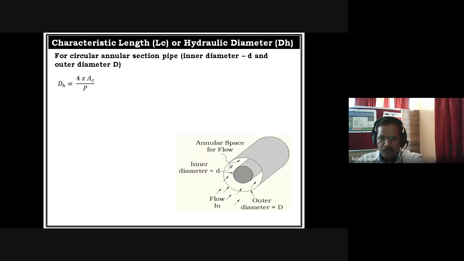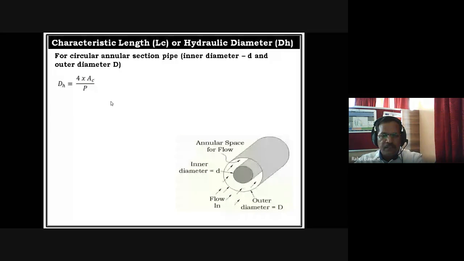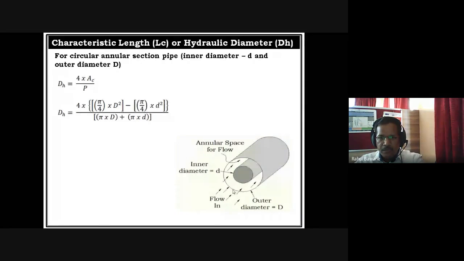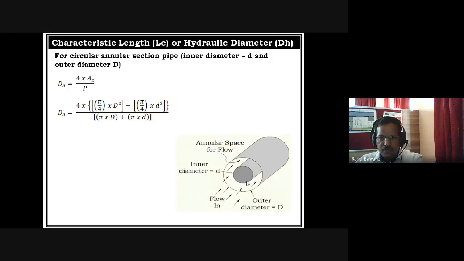When flow is through the annular space, the basic formula is 4 cross section area upon wetted perimeter. Now what is the cross section area of flow? It is the cross section area of the bigger diameter pipe minus the cross section area of the inner diameter pipe, which gives the cross section of only the annular space.